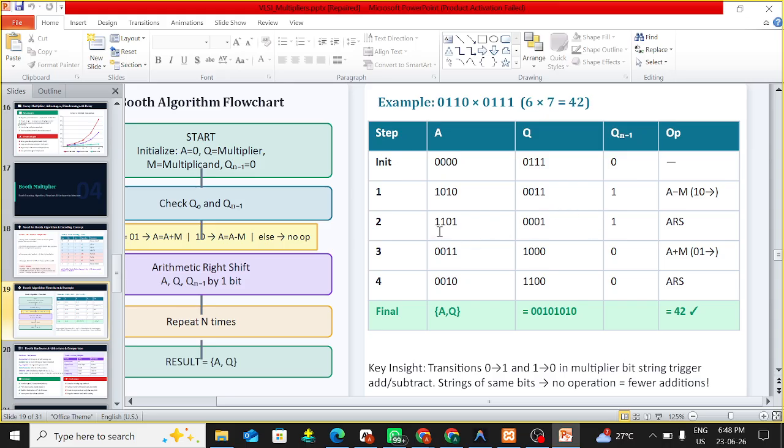Then what will your arithmetic right shift become? Then your arithmetic right shift operation becomes something like this.